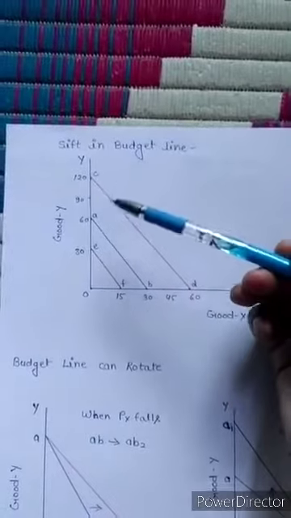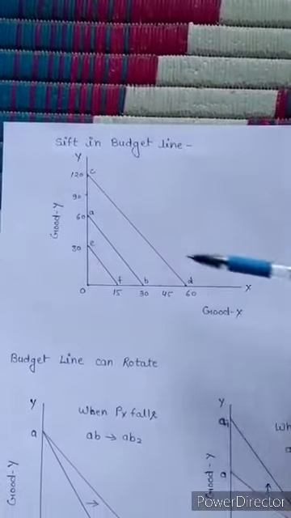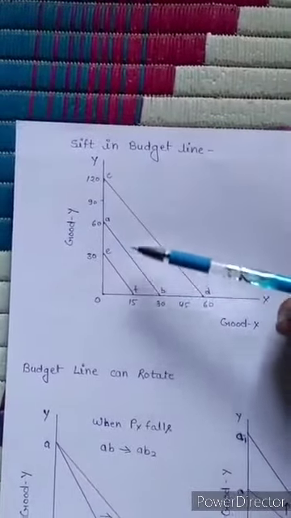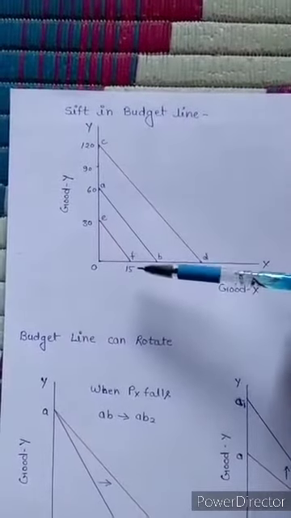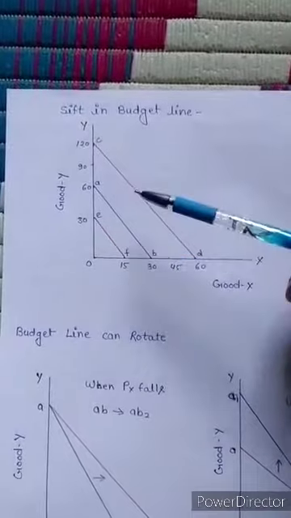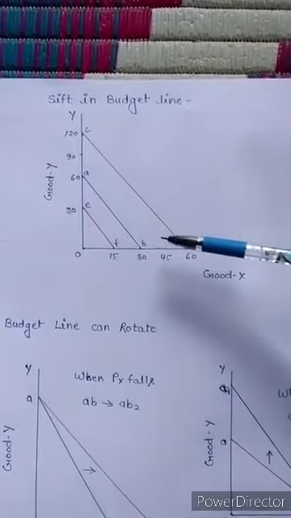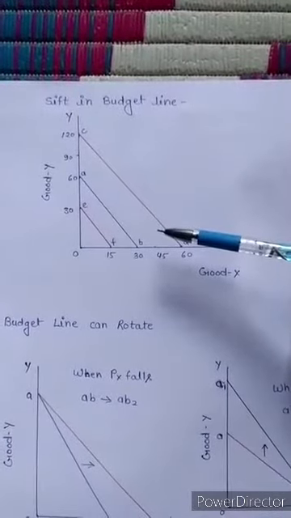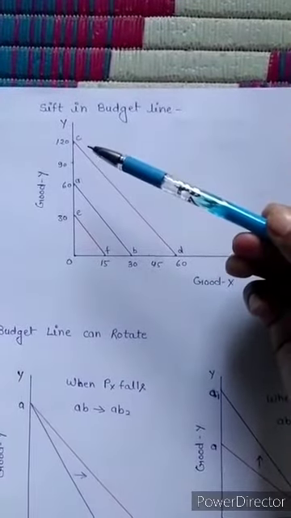If the consumer income increases, then the budget line also shifts from downward to upward, from AB to CD. Here the consumer income increases from 60 rupees to 120 rupees. At that condition, the budget line shifts upward. It is parallel to AB because the prices of the commodities are not changed. Here the consumer income is 120 rupees.